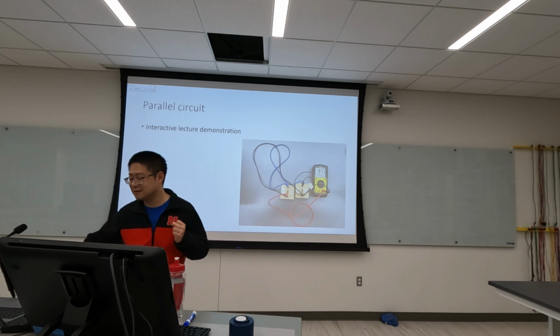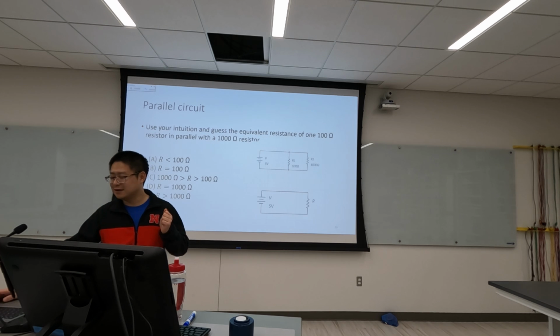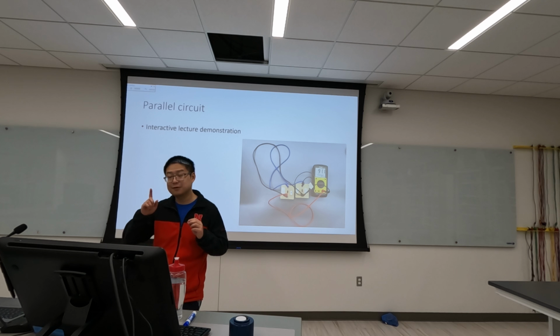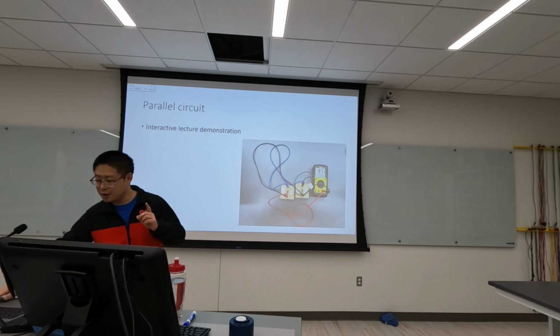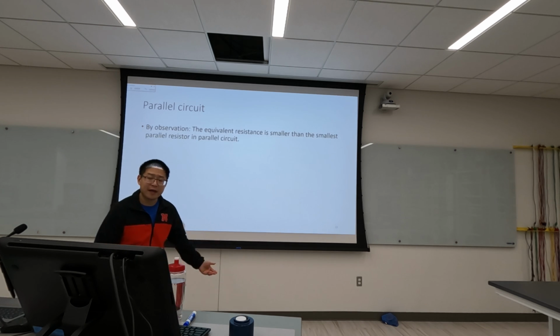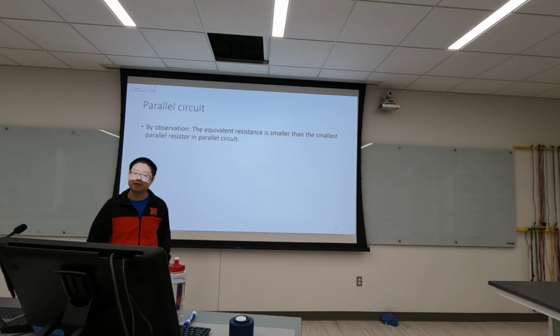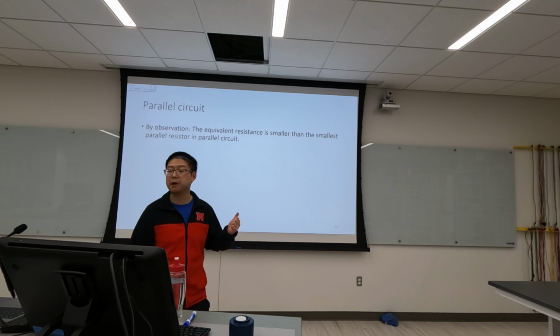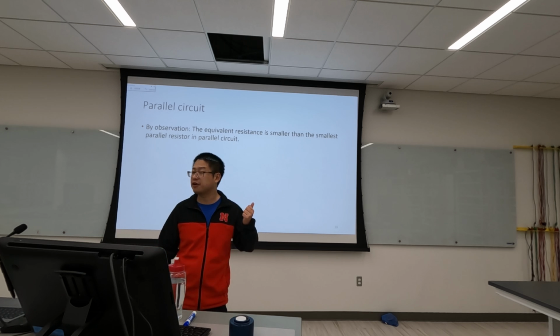So we choose A: the equivalent resistance is smaller than the smallest resistance in the original circuit, right? So by observation, we can obtain this conclusion. The equivalent resistance is smaller than the smallest resistor in the parallel circuit.